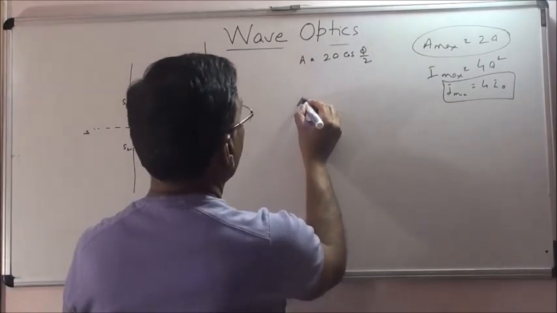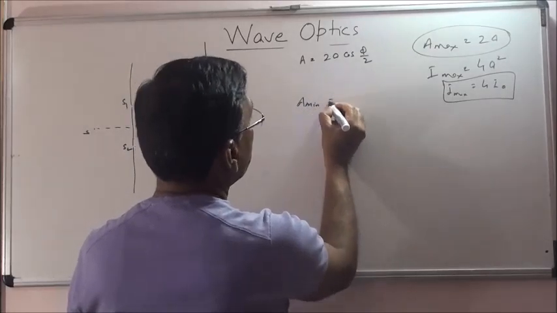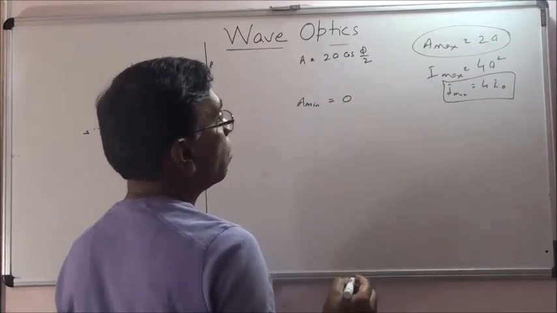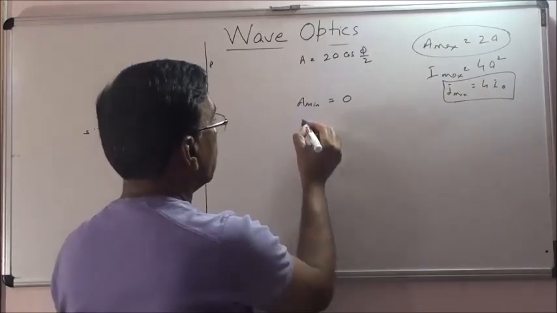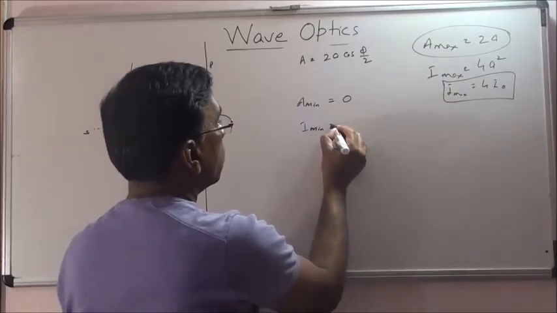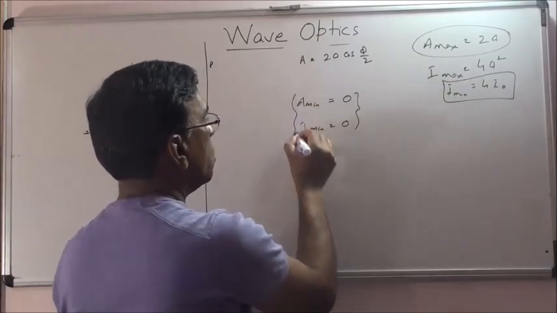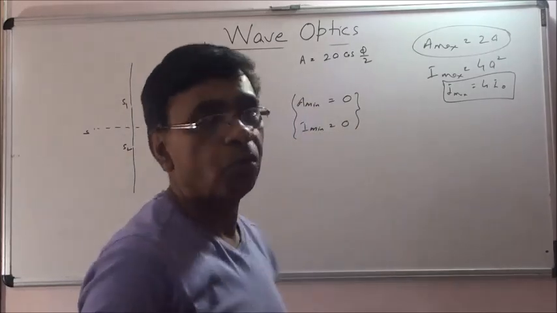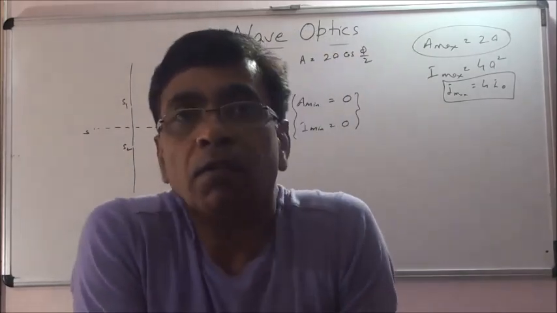And the minimum amplitude will be 0, so I minimum will be 0. This is when the amplitudes of the two waves are the same.